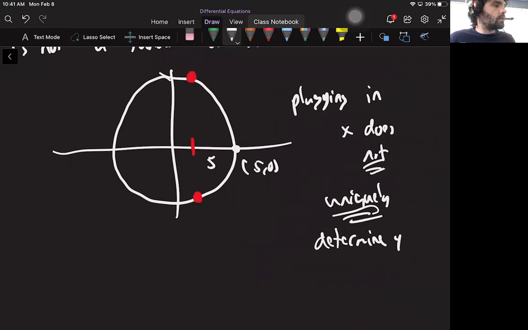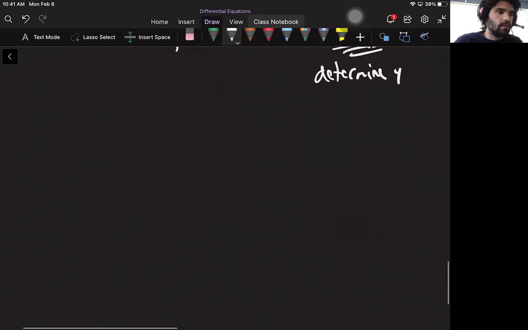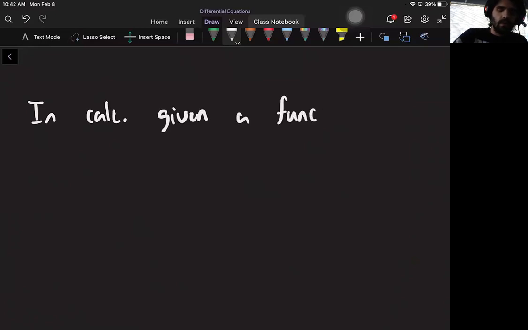Okay, so that's pre-calculus stuff. Then jumping into calculus next, what do you do with this stuff in calculus? Well, in calculus, you're either given a function or a relation, and then you want to do this cool thing. Let's just start with the function. Given a function like, let's change it up again, how about just 2x squared?